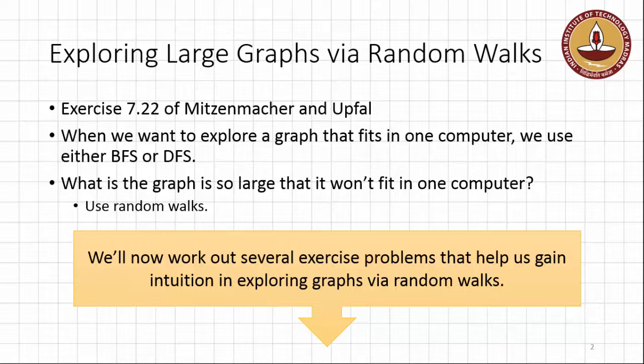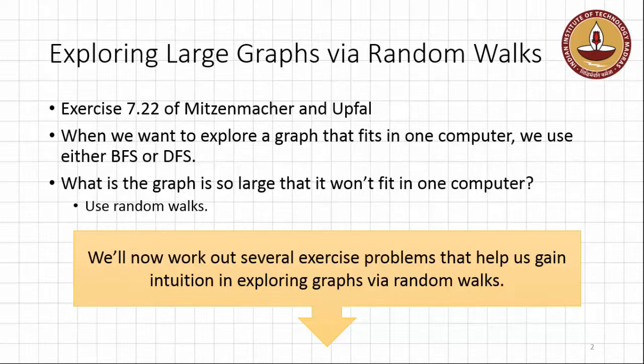We will need a more lightweight option, and one of the techniques used to explore such very large graphs is random walks. And in general, random walks are useful to explore large objects. So we want to gain a good understanding of how random walks work.